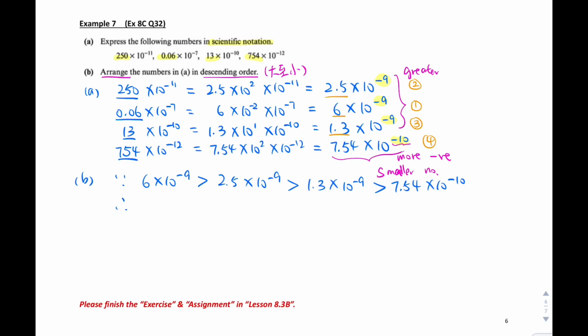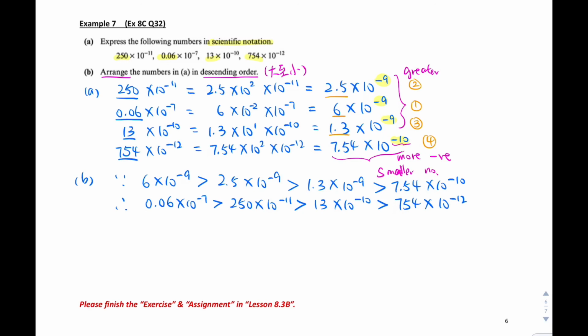So we have the following conclusions. 0.06 times 10 to the power of negative 7 is greater than 250 times 10 to the power of negative 11, which is greater than 13 times 10 to the power of negative 10. And finally, this is greater than 754 times 10 to the power of negative 12.